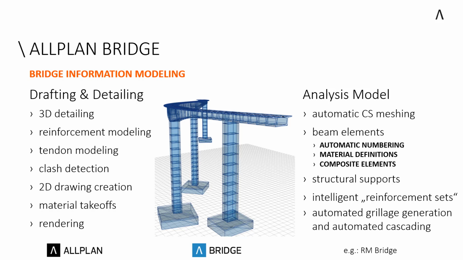We have clash detection and so on. And on the other side, for the analysis model, we need additional definitions for the calculation, like we need numbers for the beam elements. We need material definitions. And we need structural supports in terms of, let's say, spring elements with stiffnesses and constraints for certain directions.